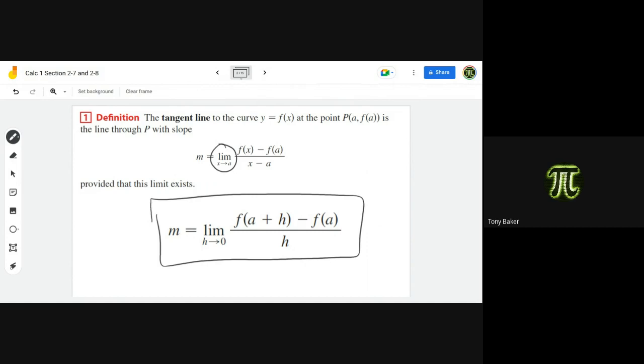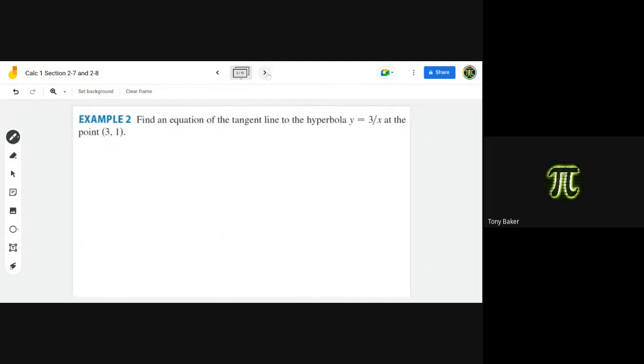All right, let's actually use it. So let's find the equation of a tangent line for this hyperbola at that point. Very similar to what you did on your test, except we're not going to use a bunch of points to do it. We're going to use the formula to do it. So we have our limit as h goes to 0 of f of a plus h minus f of a over h.